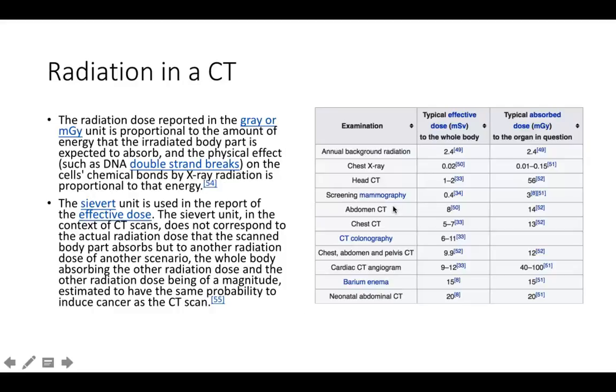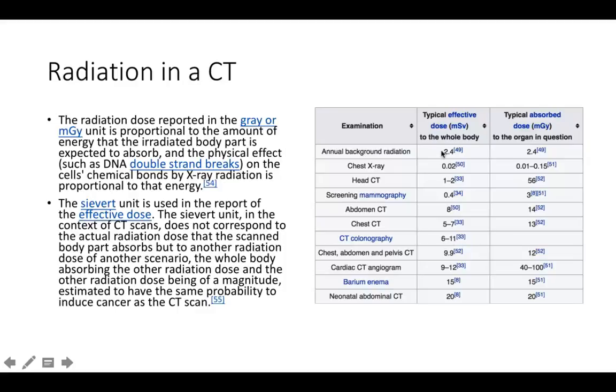If we come down and we look at an abdominal CT, you can see that a single abdominal CT scan is more than 3 times the typical annual background radiation received by a person. A chest CT is more than twice that amount. A colonography, depending on how it's done, is 6 to 11 millisieverts.